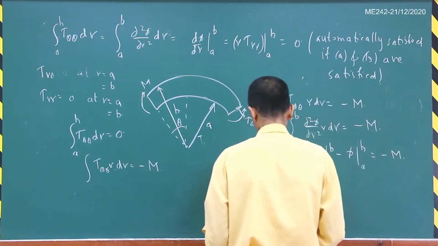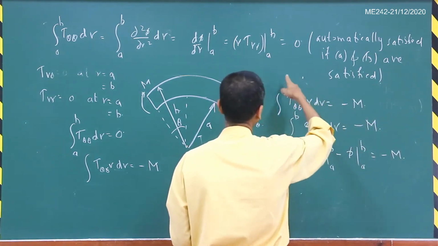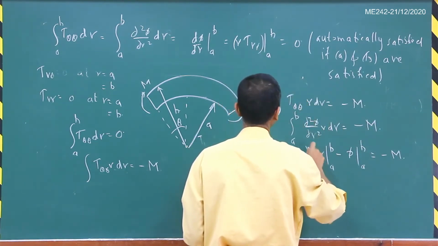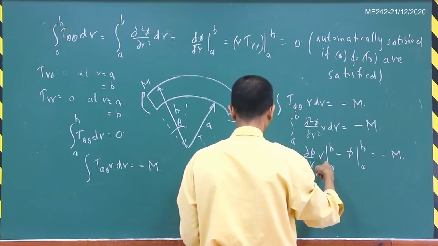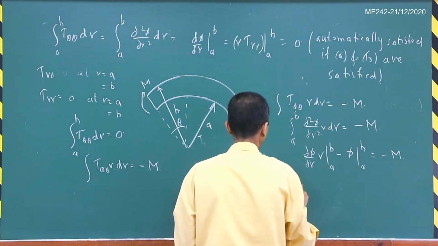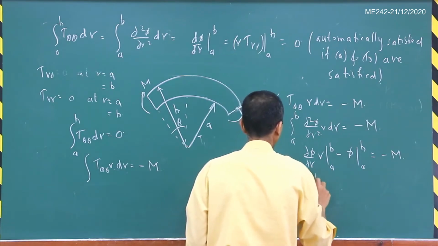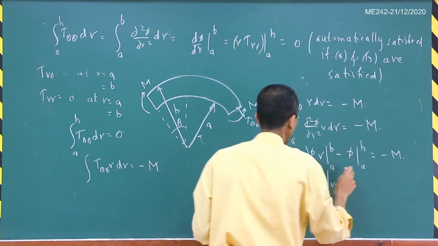And again, same thing, just like the tau r condition automatically satisfied one of these conditions. So here, same thing: tau r at r equal to a is equal to tau r at r equal to b is equal to 0.